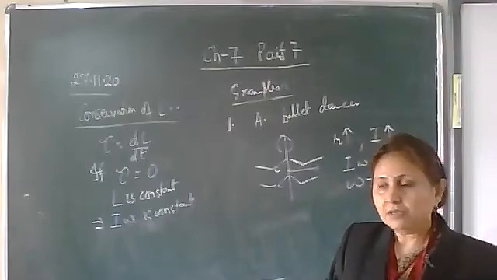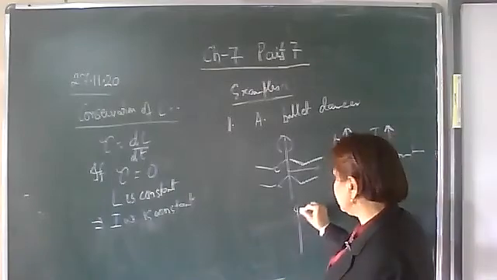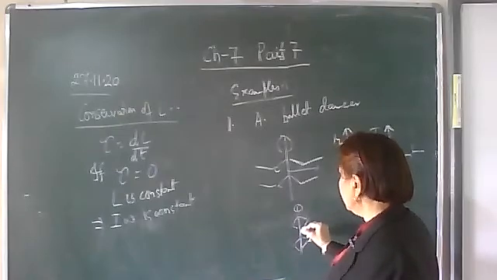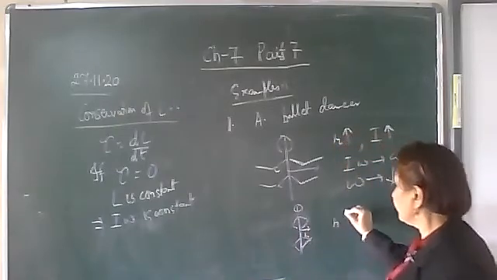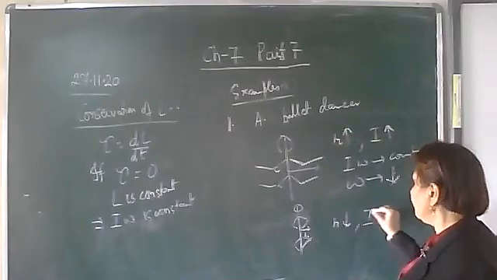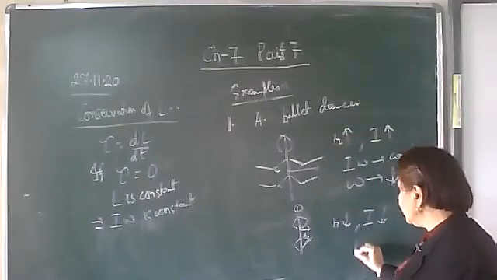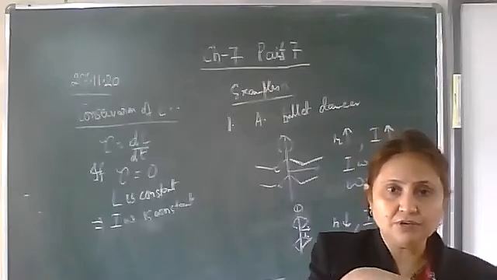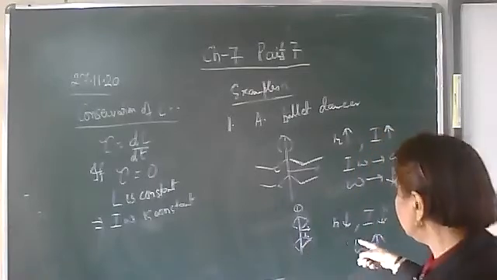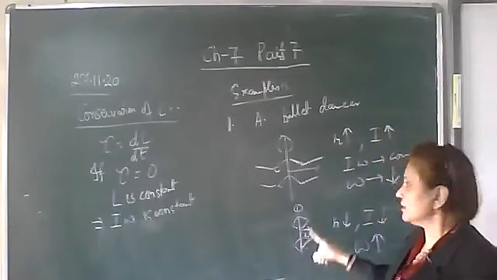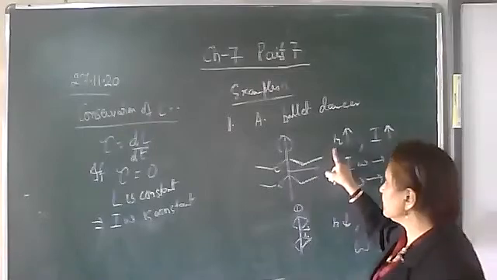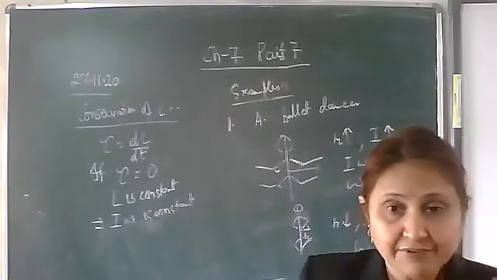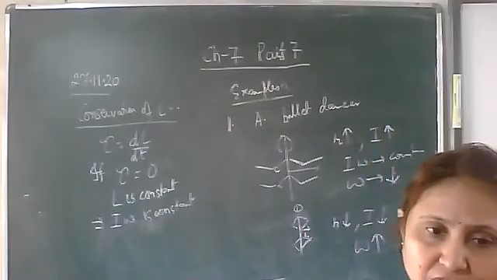And vice versa, when they fold their arms and legs, R decreases. So the moment of inertia decreases and they will increase their angular velocity. When they stretch their arms or legs, they decrease their angular velocity, and when they fold, the angular velocity increases.